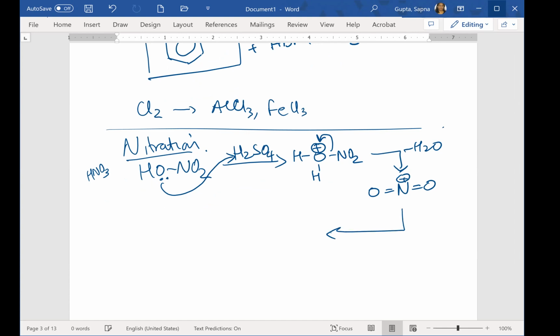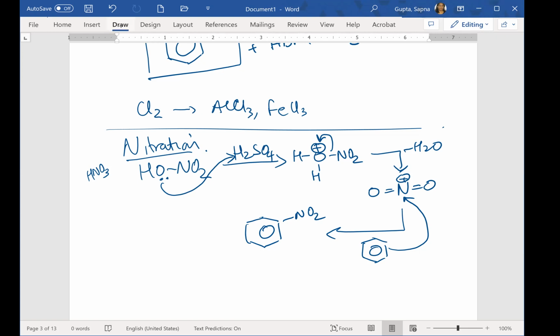Now, not very much going on. You have the benzene coming in there, and that's it. The hydrogen will be picked up by the water. I'm not even going there anymore because really, you will not be needing that so much.